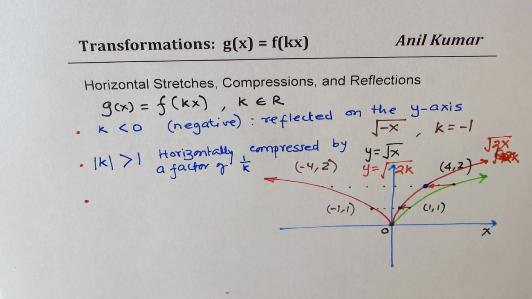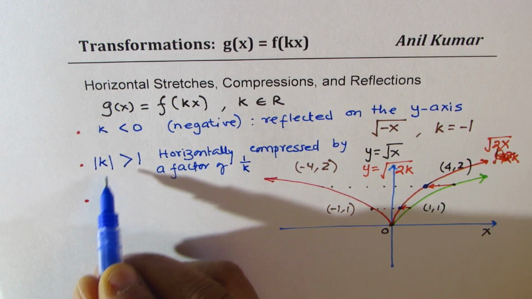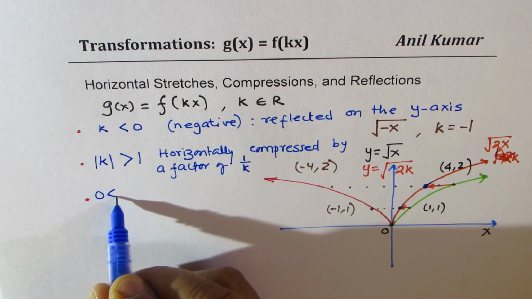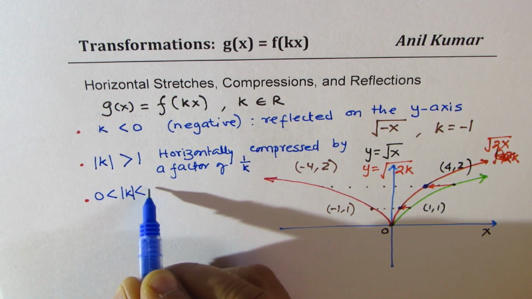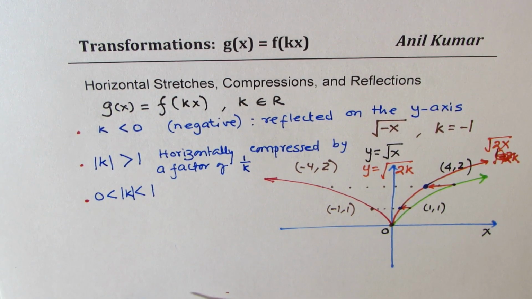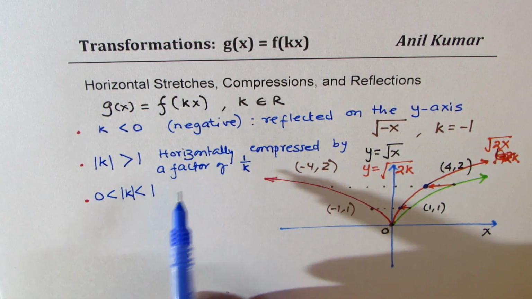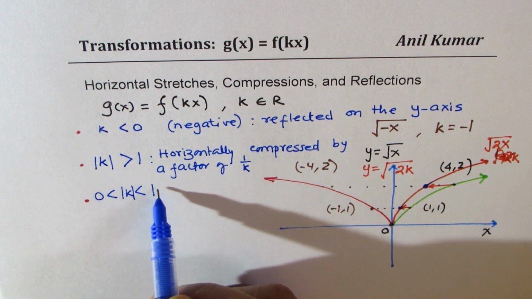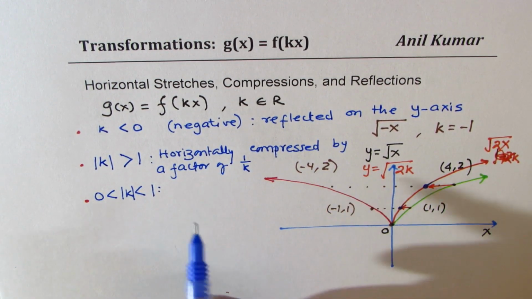Now let's take an example where the value of k is less than 1. So we'll take the absolute value. The absolute value of k is less than 1 and greater than 0. In that case, it will be horizontally stretched by a factor of 1 over k.